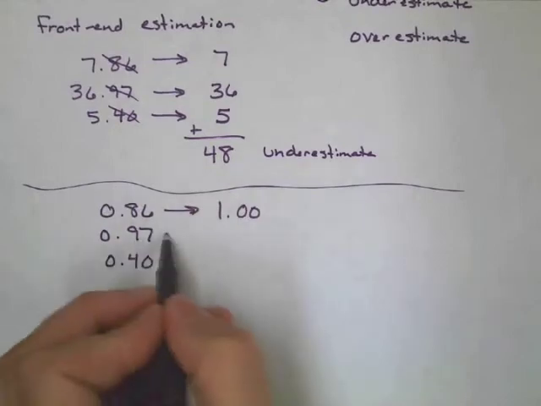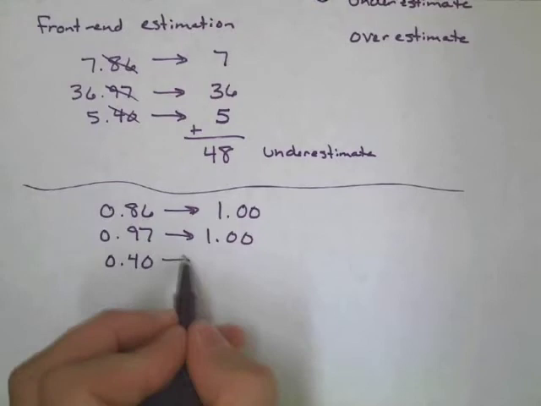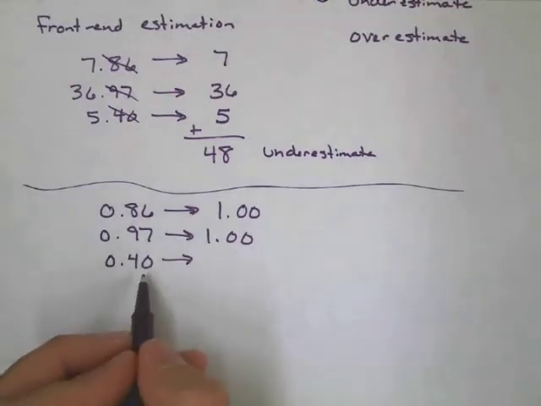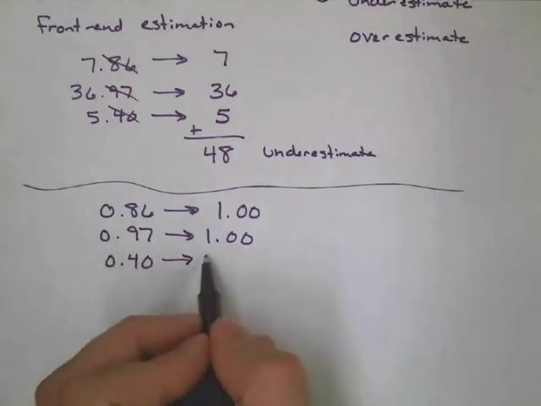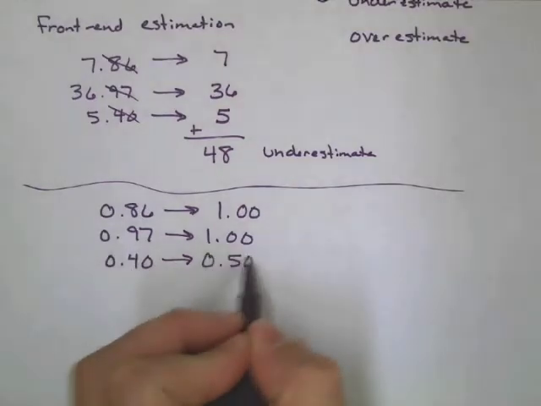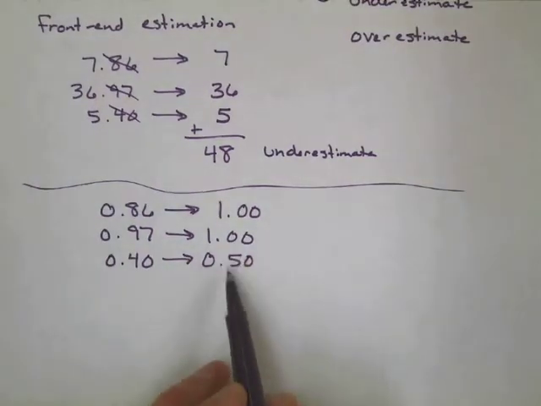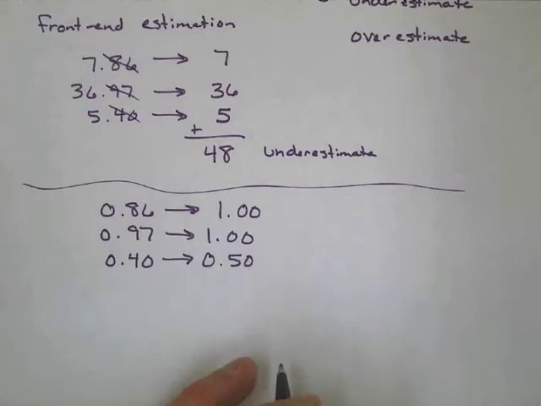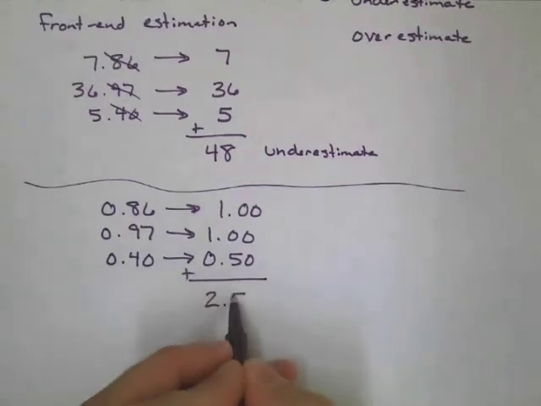And 97 hundredths, very close to one whole. 40 hundredths, well, that's pretty close. This 4 here, if I go up another tenth, I'm going to end up with 50 hundredths or 5/10ths. So I'm just going to round it again to my nearest 5/10ths or nearest 50 hundredths. And if I add that up, I end up with 2 and 50 hundredths.